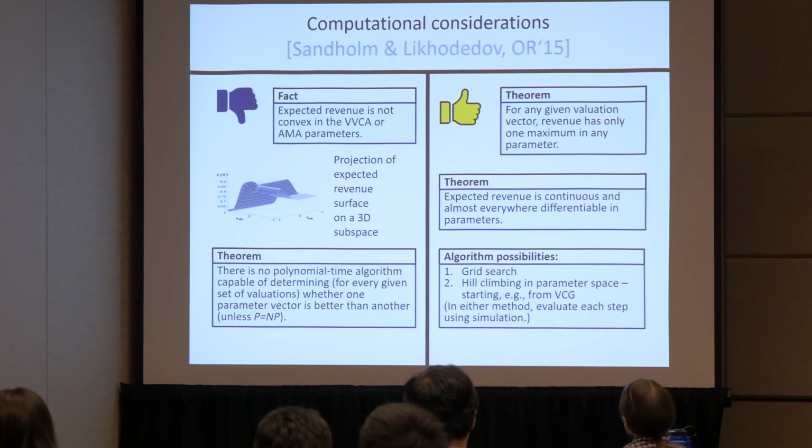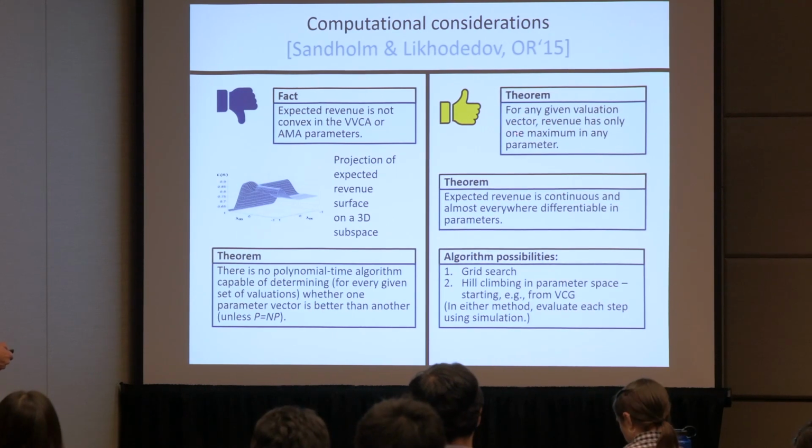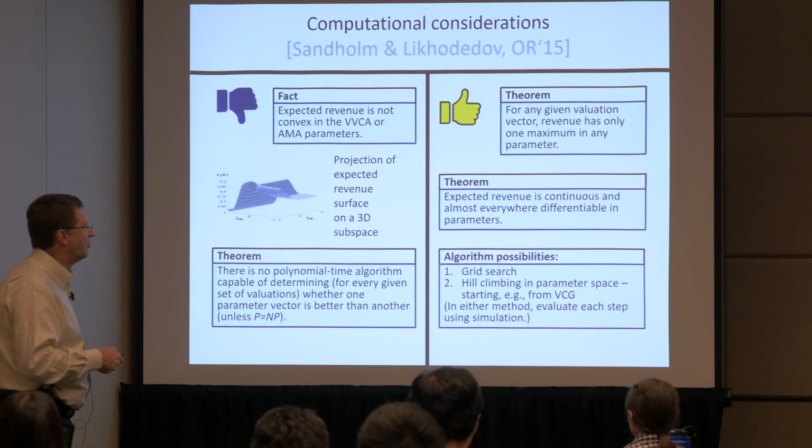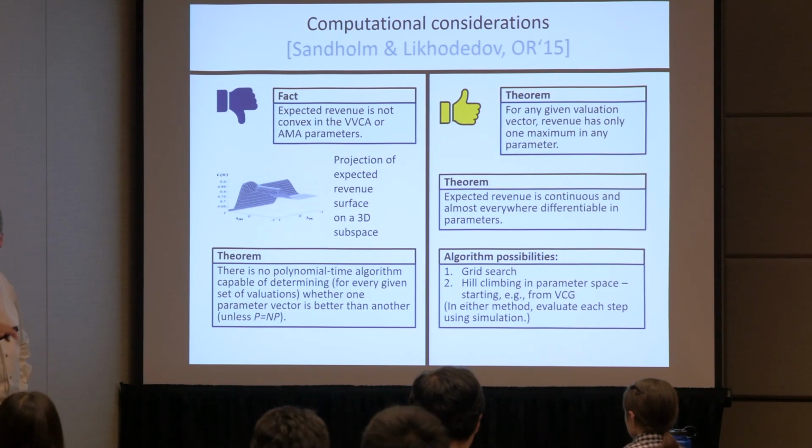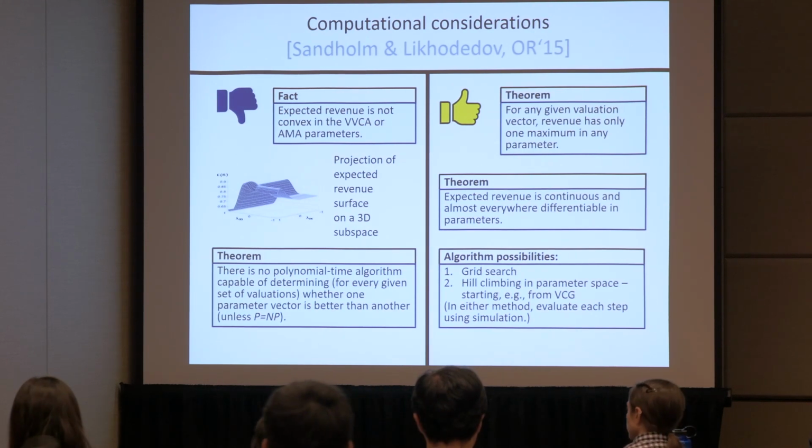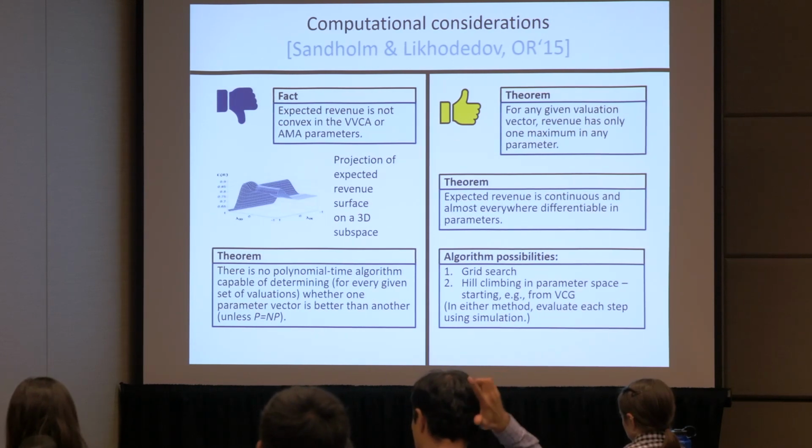Okay. Good news: for any given valuation vector, so any given sample, if you like, the revenue has only one maximum in any one parameter. And the expected revenue is continuous and almost everywhere differentiable in the AMA parameters. So that gives kind of two algorithmic ideas. One is grid search, where you have some sort of a grid and you evaluate the points using simulation, and then you might refine the grid around the best point and do it over and over.